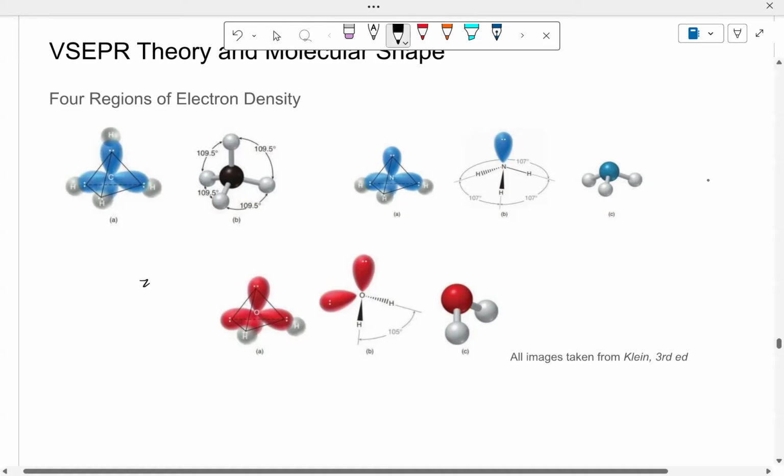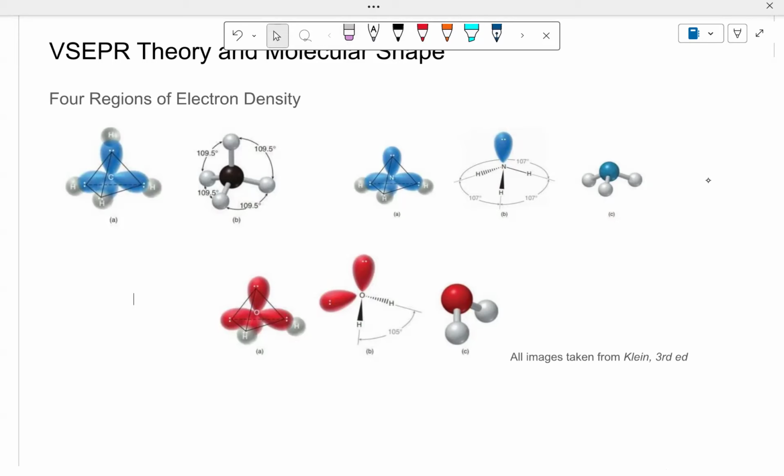So the first one that I want to take a look at is in compounds that have four regions of electron density. Now, just to relate this to what we've talked about previously, these are sp3 hybridized atoms because they have four regions of density. Depending on whether those regions are lone pairs or not will affect the shape slightly as well as the bond angle.